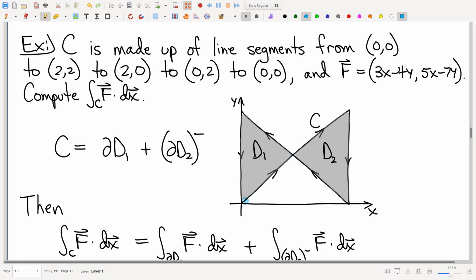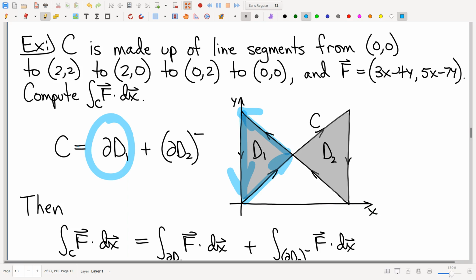And then all together, the entire 4 line segments is now 6 line segments, like that. And the nice news is that this left half is literally and exactly a boundary. Orientation and all, this trio of blue outlined line segments is exactly the boundary of D1.